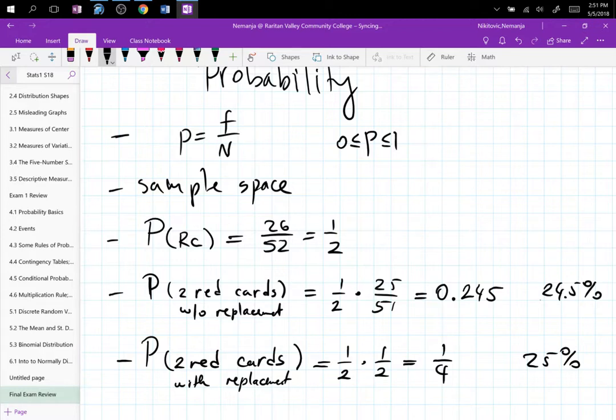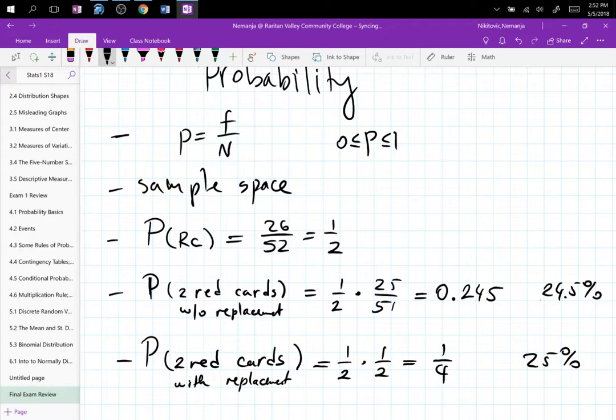Read the question and answer the question. Now, what we have is the probability of picking a card that would belong to 2 different events.